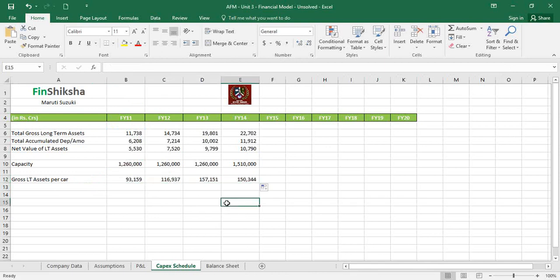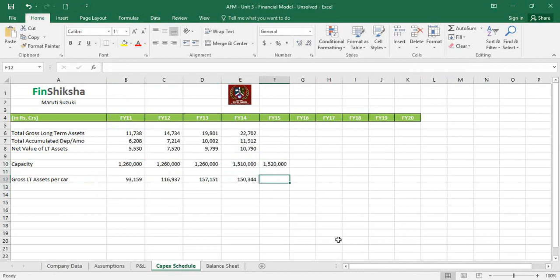So effectively, if we look at the gross long-term assets per car, that's gone up to somewhere around 1.5 lakh from 93,000. So if they want to add capacity, how much the company needs to add in terms of the numbers is what is available from here. So let's say tomorrow the company wants to increase capacity by another 10,000 cars, and this becomes this plus 10,000.